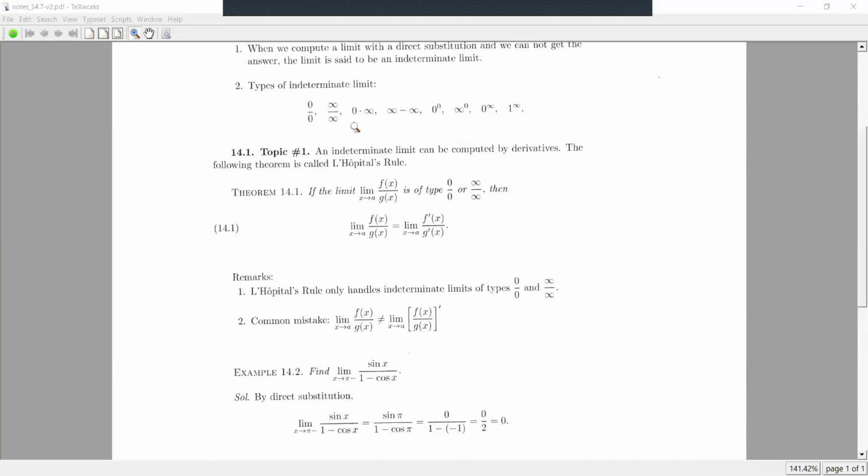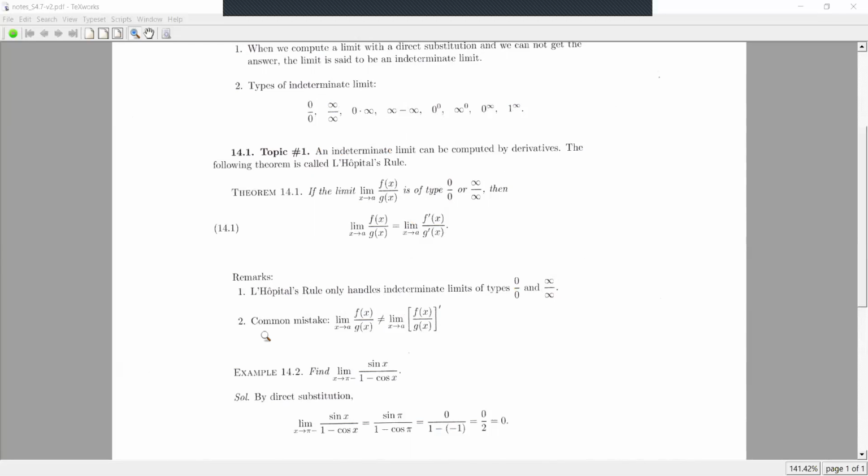You cannot directly apply L'Hopital's rule to a limit of these types. So pay attention here. It cannot handle the remaining types.